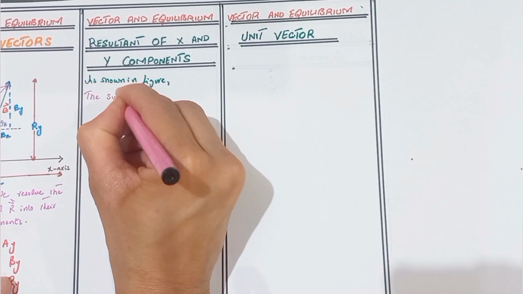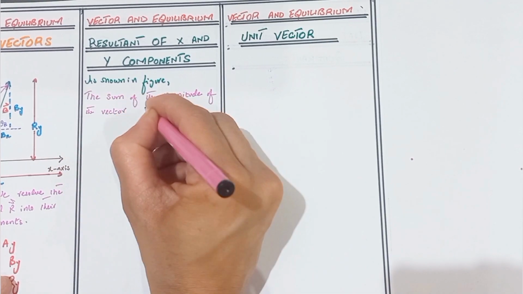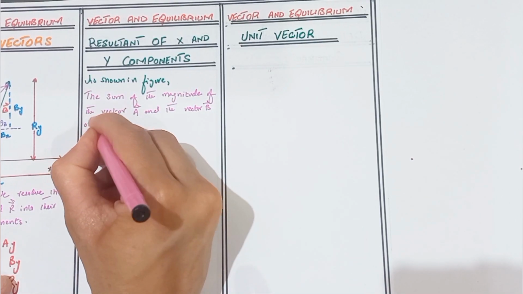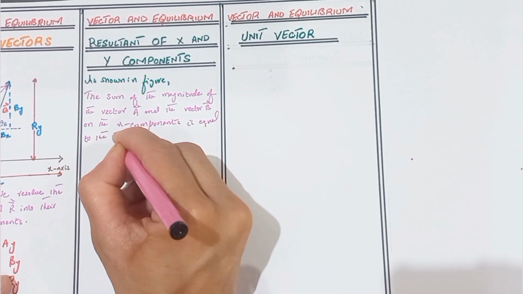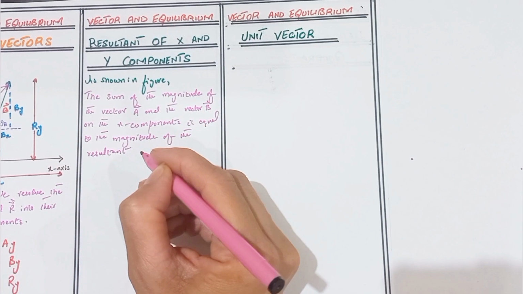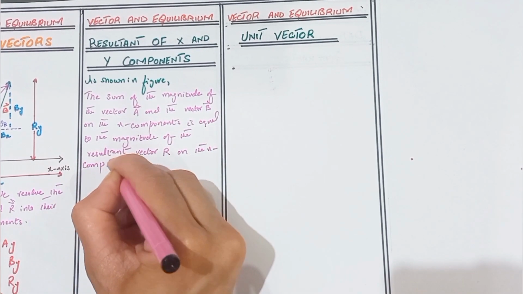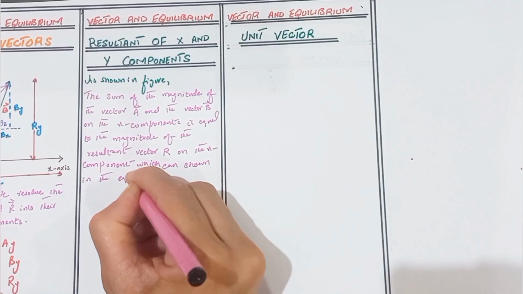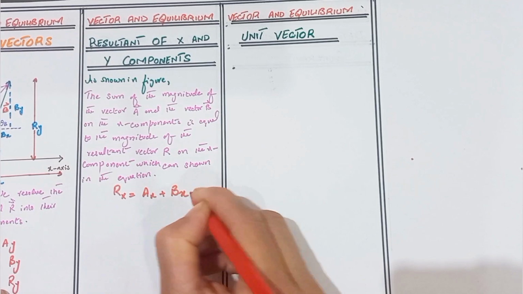The sum of the magnitudes of vector A and vector B on the X component is equal to the magnitude of the resultant vector R on the X component, which can be shown in the equation Rx = Ax + Bx.